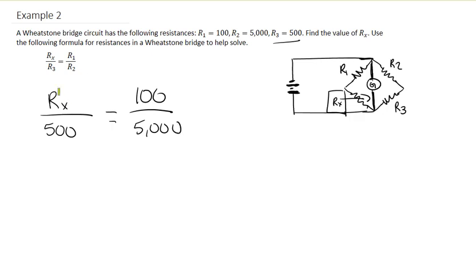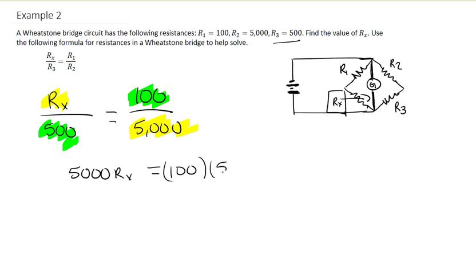Now we're going to cross multiply. So we cross multiply with the numerator of one to the denominator of the other, and then we do it the same for the other two. So on the left hand side we end up with 5,000 Rx, which is equal to 100 times 500.